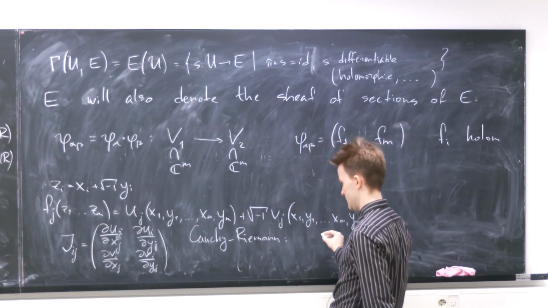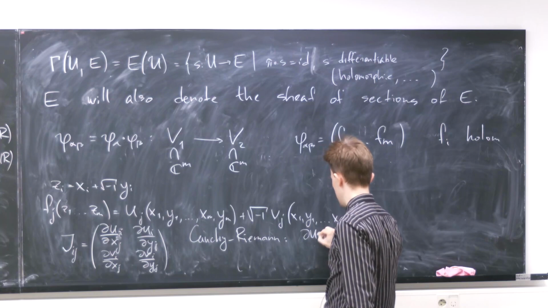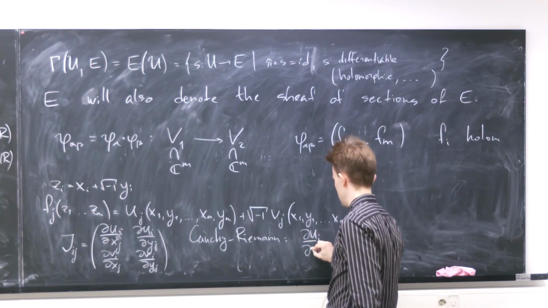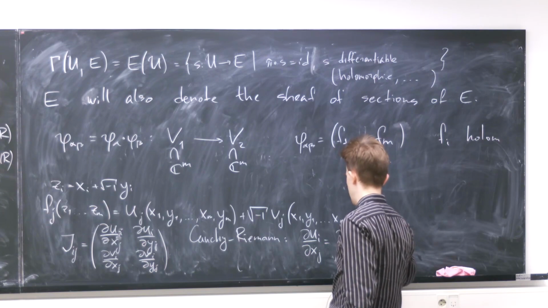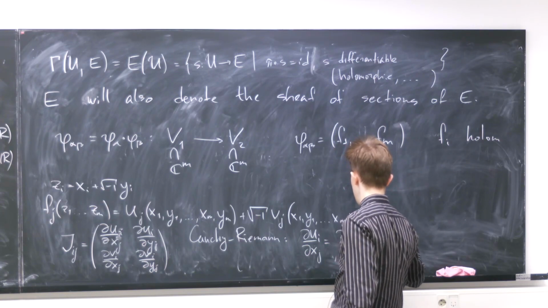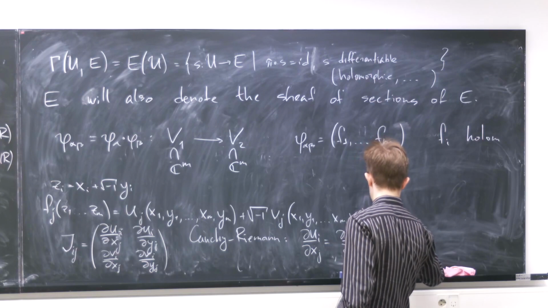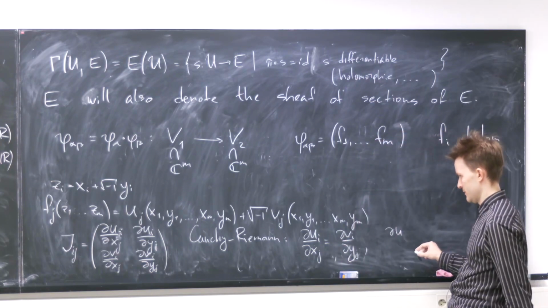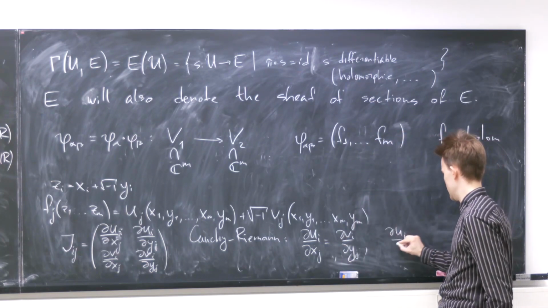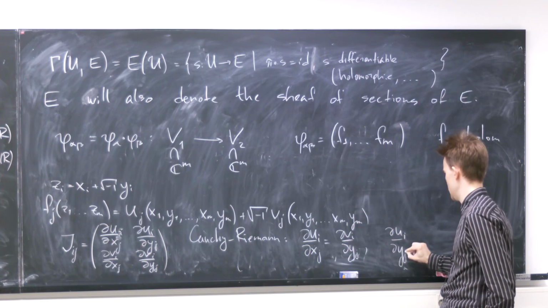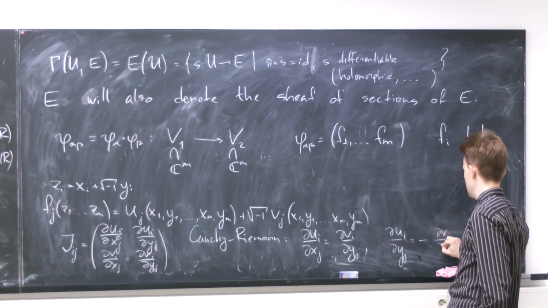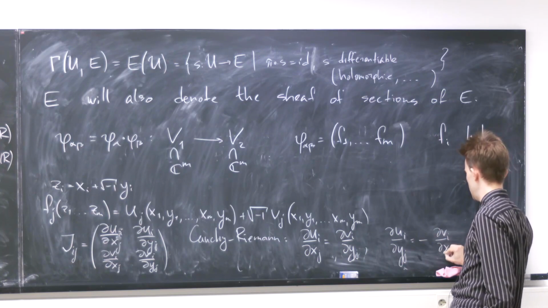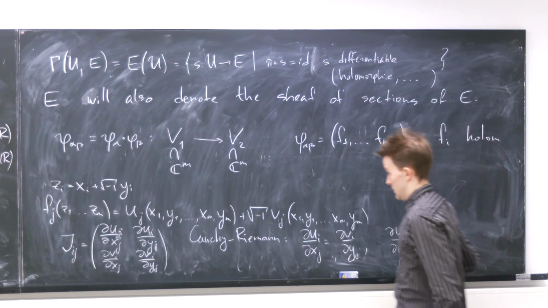Those equations look like this: du_i over dx_j equals dv_i over dy_j, and du_i over dy_j is minus dv_i over dx_j.